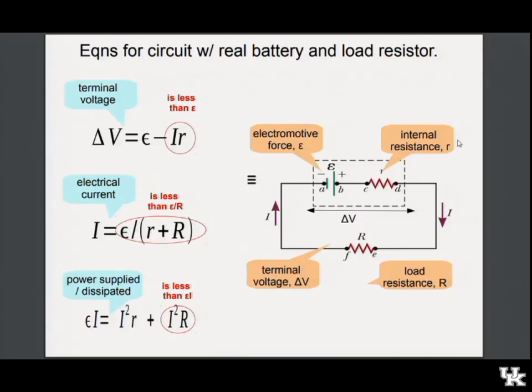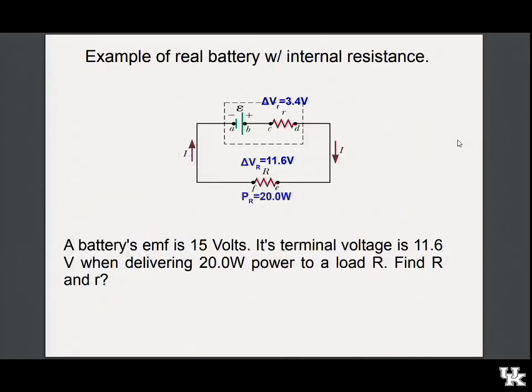Anyway, those are the three equations that accompany the key ideas from the last slide. If you're working through problems with real batteries, you'll be working with these equations that are based on the concepts in the last slide. Let's look at an example of that. So in this particular problem, we've got a real battery. So it's got both a source of EMF and an internal resistance.